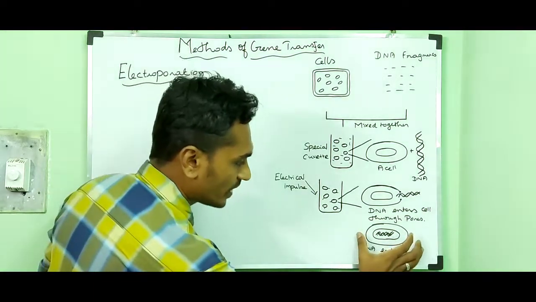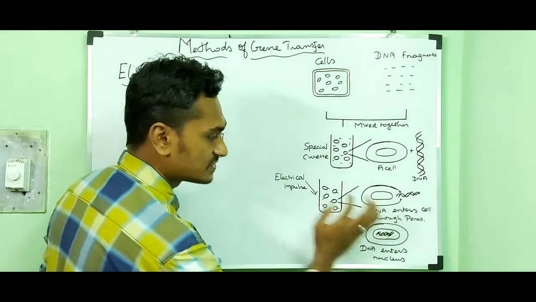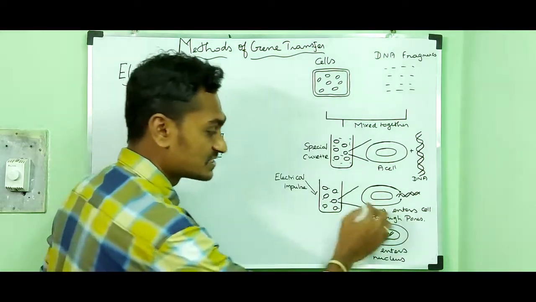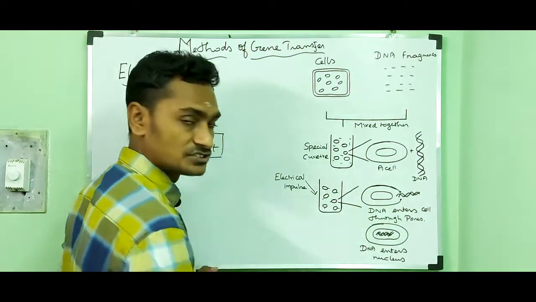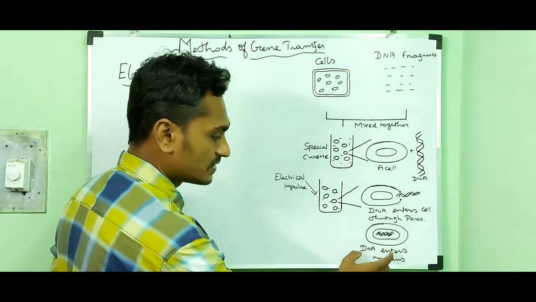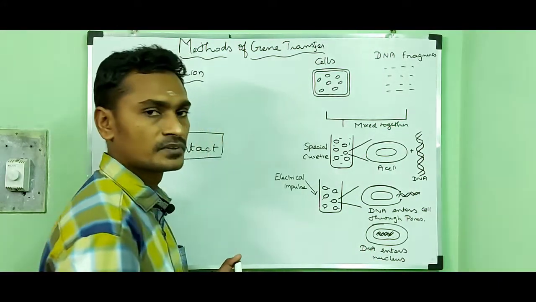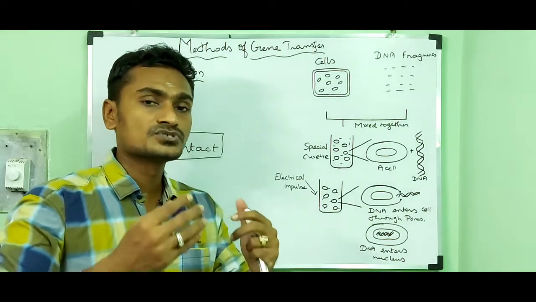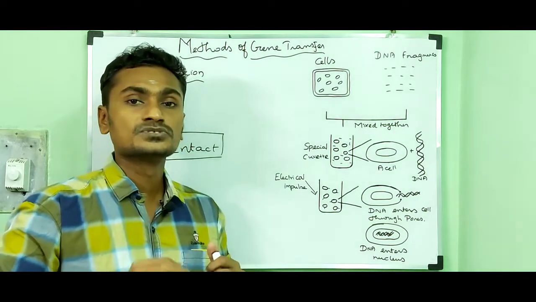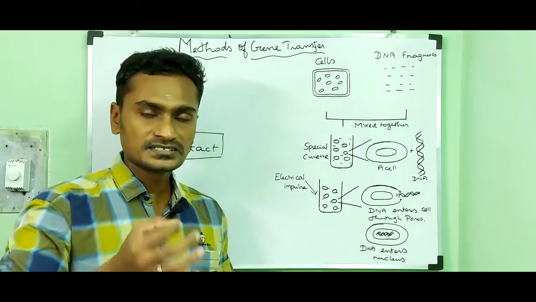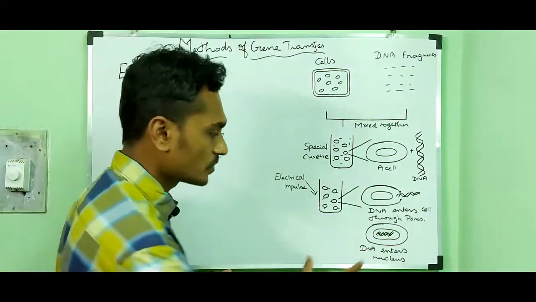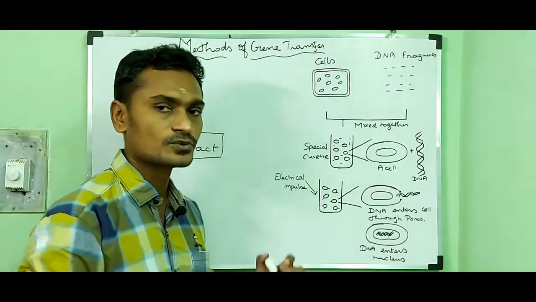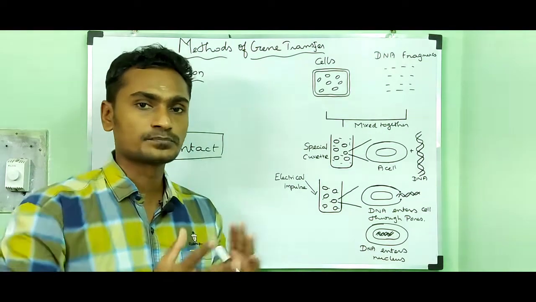So here you can find the cell which contains the DNA fragment integrated into the plant genome. The DNA enters the nucleus. As I already told you, the electrical impulses reversibly permeabilize the plasma membrane, so the cell gets its original structure after that process.